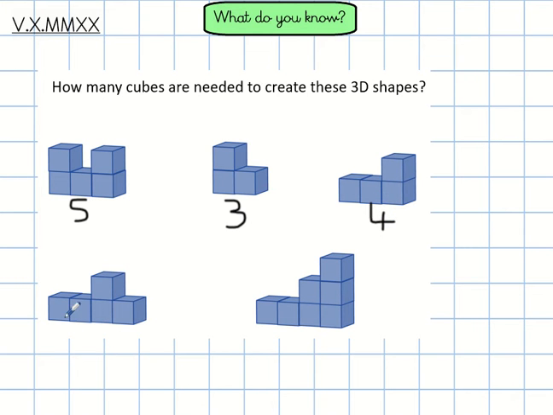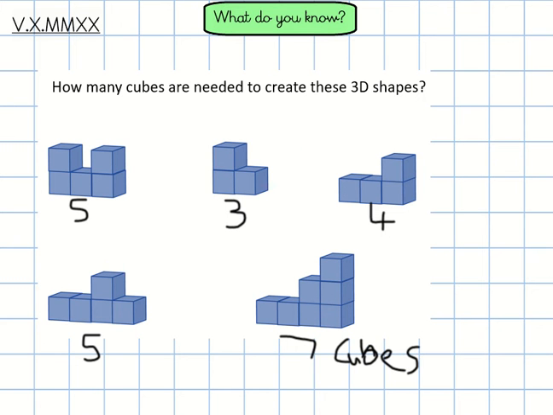Here I have 5 cubes, that's right. And then finally I have 1, 2, 3, 4, 5, 6, 7 cubes. Often I might even write 7 cubed or 7 cubes at the end, just like that.